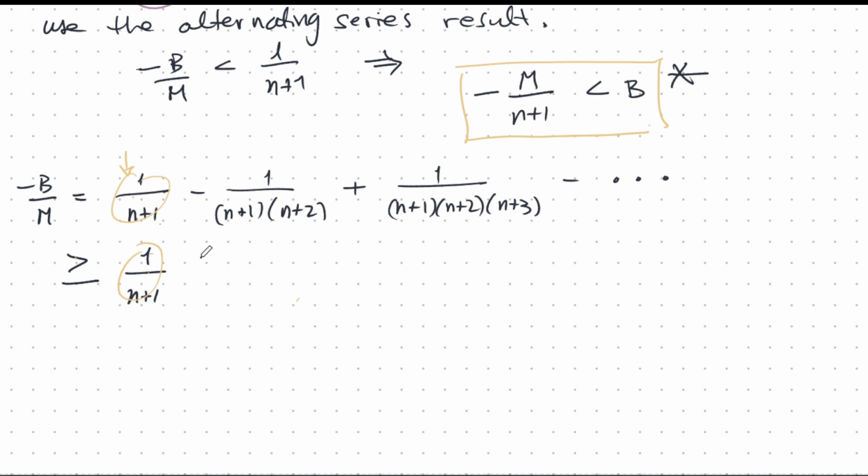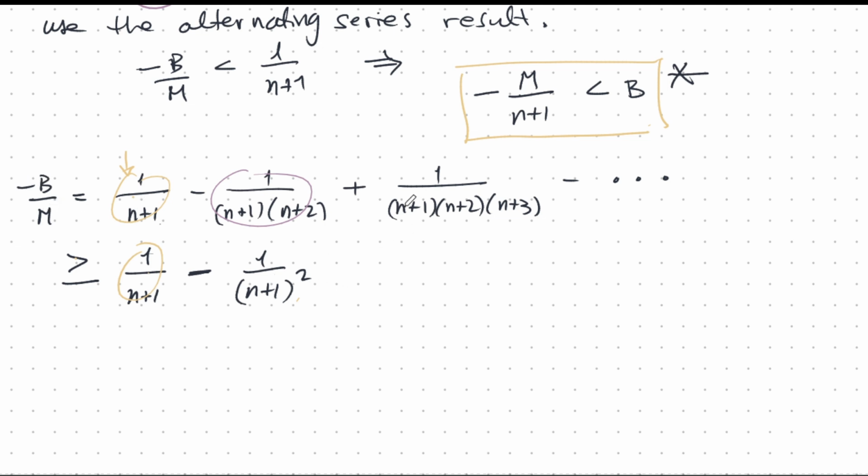Now, what I can do here is take this term and replace it with something bigger. So I'll keep the minus, and I'll replace this with something bigger, n plus 1 squared. I'm subtracting something that's bigger, so of course what I'm building here is becoming smaller than minus b over m.